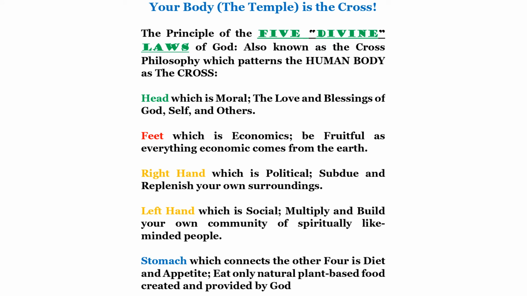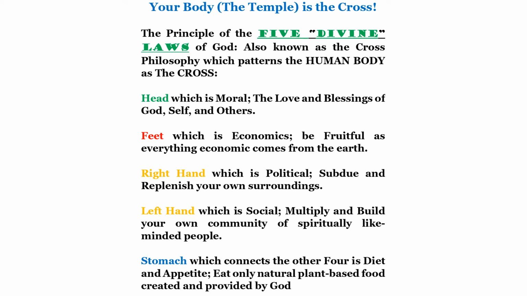So just to recap what we've talked about, the 5 divine laws: the head, the feet, the right hand, the left hand, the stomach. We see example after example where this is put into esoteric writing within the Bible, and now that it's a time for this knowledge to come forward, we're making better sense of the way it was written into various parts of the Bible, giving us a coded message.